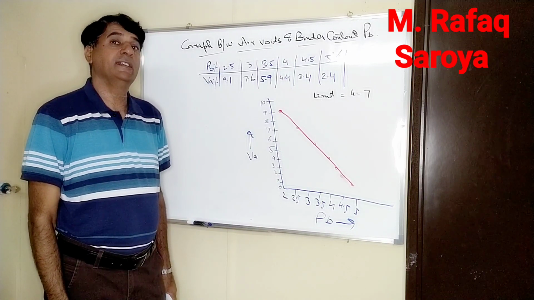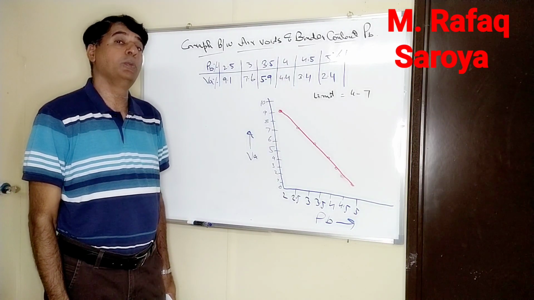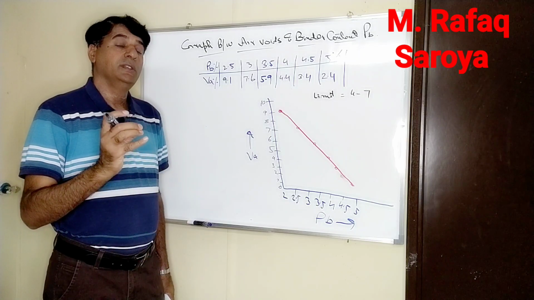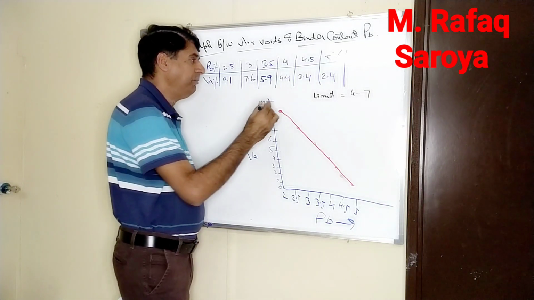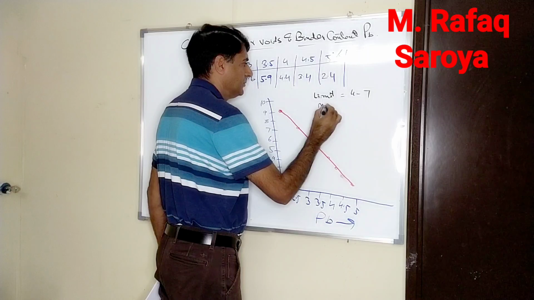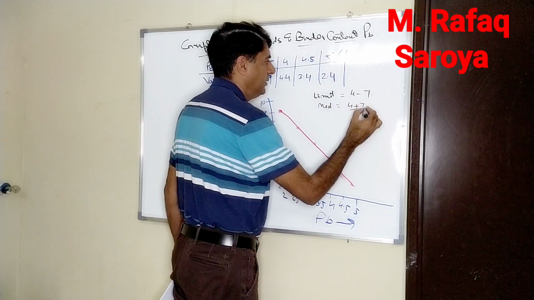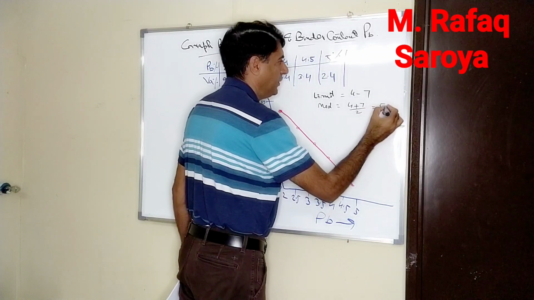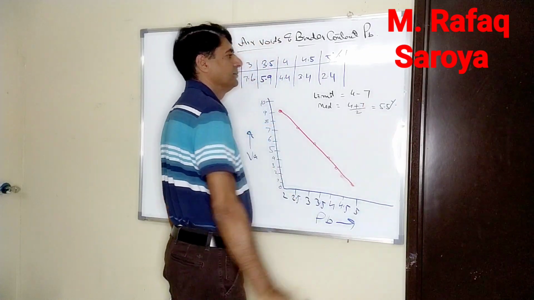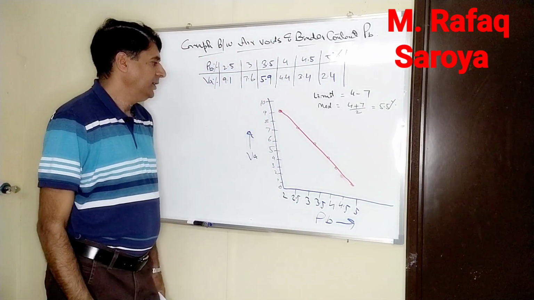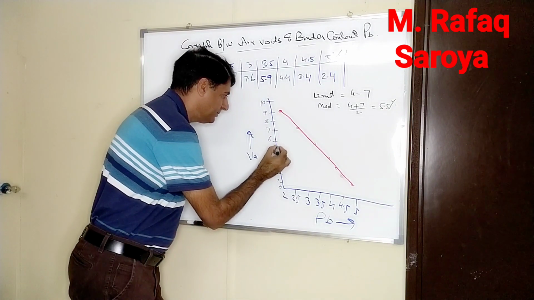As per the technical specification requirement, that is the limit given there. And the median value is 4 plus 7 divided by 2, which is equal to 5.5%. Clear? Now, it means I am at this point.